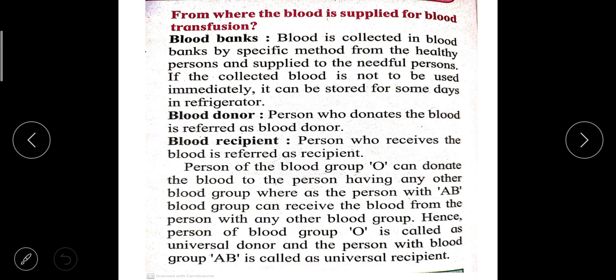If the collected blood is not to be used immediately, it can be stored for some days in a refrigerator, in cool conditions. So the place in which blood is collected and stored for some days, and when any needy person needs that blood, the blood bank supplies the specific group of blood to that person. This is known as a blood bank.